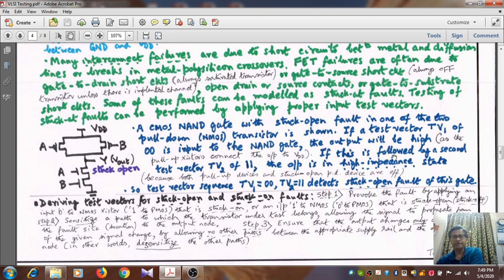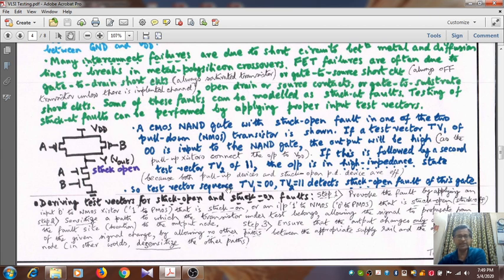That's why we have written, if the test vector of 0, 0 is followed by a second test vector of 1, 1, the output is in high impedance state. That means neither 0 nor 1, because both the pull-up devices and the stack open pull down device will be off. Only the bottommost transistor will be on. So the drain of the bottommost transistor will be at perfect ground, but beyond that this ground cannot propagate.